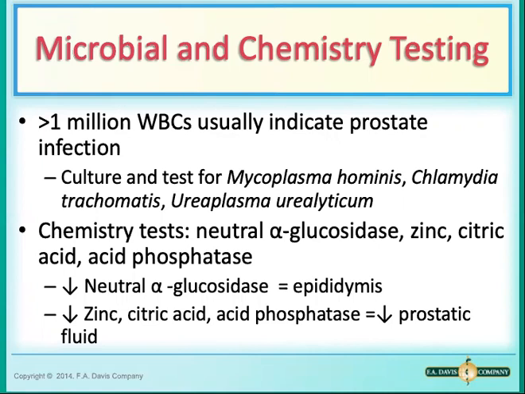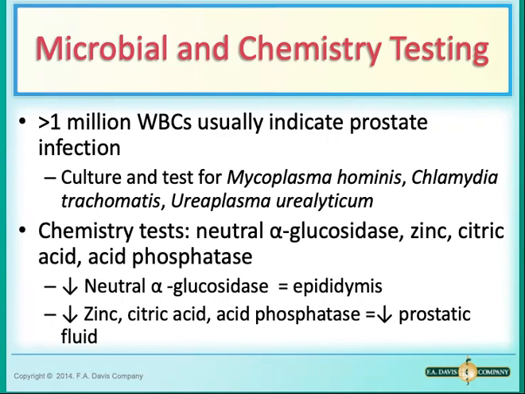Typically, we're worried about the prostate and the prostate glands. We can do routine aerobic and anaerobic cultures and tests for Chlamydia trachomatis, Mycoplasma hominis, and Ureaplasma urealyticum. Those are the organisms that are tested most frequently when we're doing microbial testing on semen specimens.